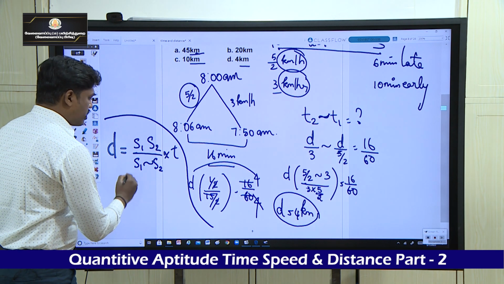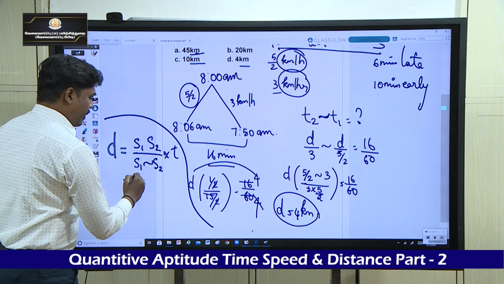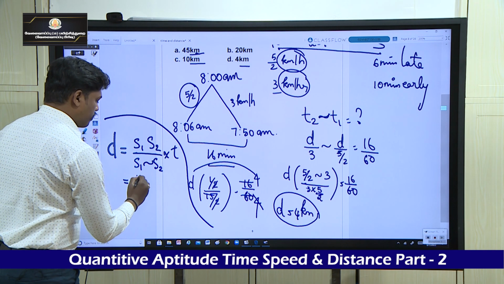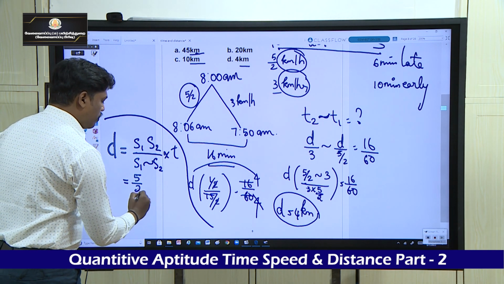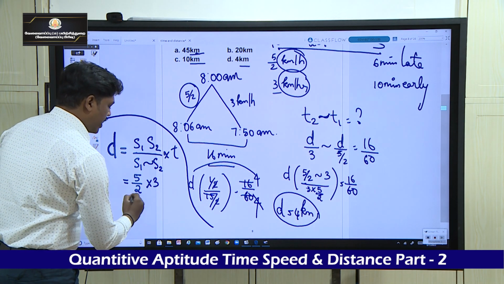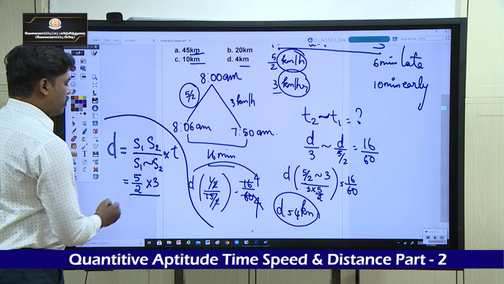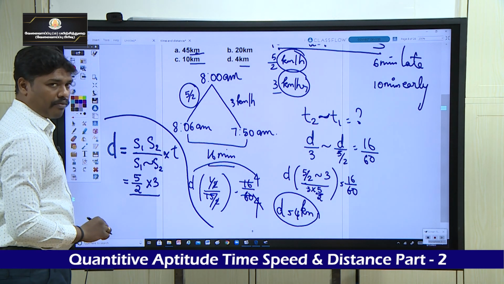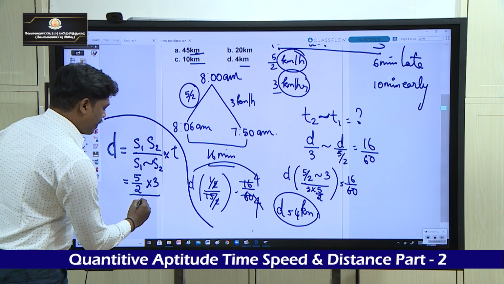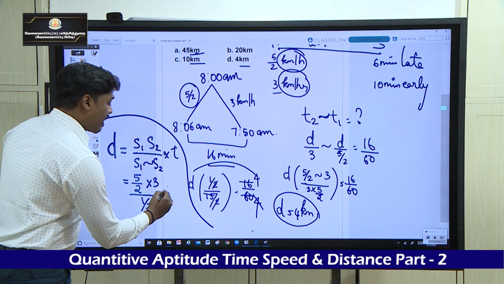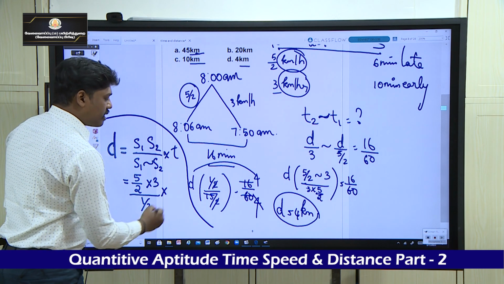What is S1? 5 by 2. What is S2? Which is 3. And here we are finding a difference. So 3 minus 2.5. 5 by 2 is 2.5, which is 1 by 2 into time difference is 16 minutes.